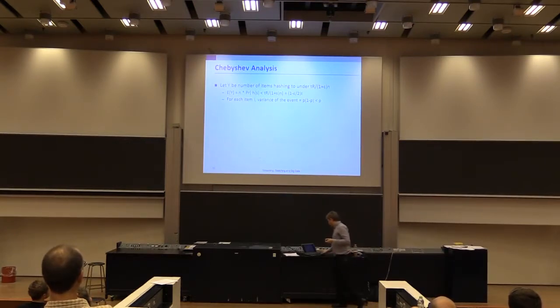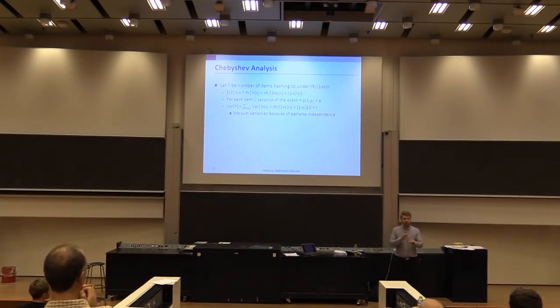And then y is the summation of all those individual events. If everything is fully independent, then we can get the variance of the sum just by summing up the variances. But actually, we don't need full independence. We only need to say that these pairs of events are independent. And we get the pairwise independence of events from the fact that we have hash functions that are pairwise independent.